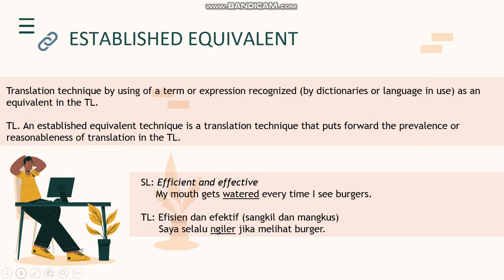The other example in the source language is, my mouth gets water every time I see burgers. In the source language, we immediately guess the meaning of the word water is berair. But in the target language, the translator changed the sentence into saya selalu ngiler jika melihat burger, or saya selalu ngiler setiap kali melihat burger. Not mulutku berair setiap kali melihat burger. If the translator wrote or changed the sentence like that, mulutku berair, it is not suitable in the target language because there is no equivalent term.